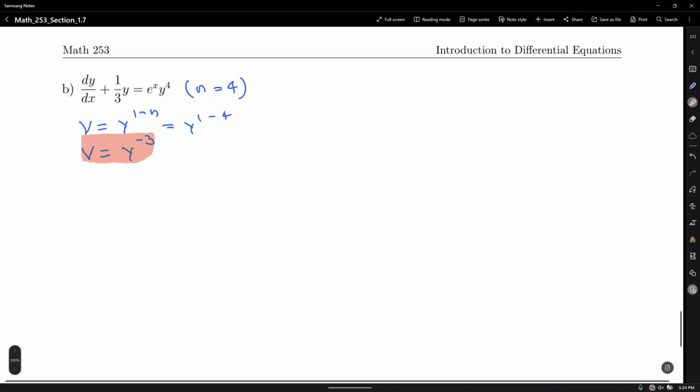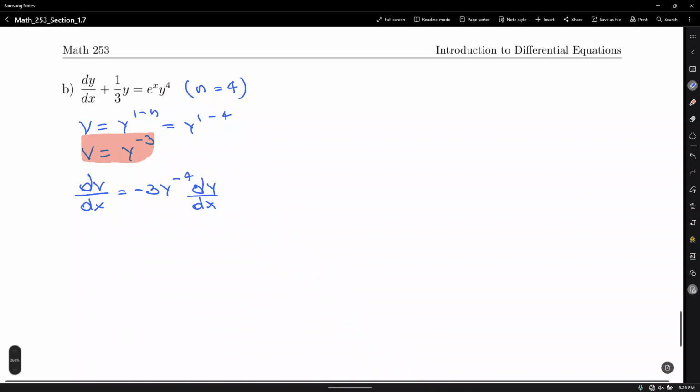Number one, let's find the derivative of this. dv dx equals negative 3 y to the negative 4, careful, dy dx. One thing to notice when you're doing the substitution and the derivative: we will always get y to the negative power of the n in the original, because that's what we use to kill that nonlinear factor.